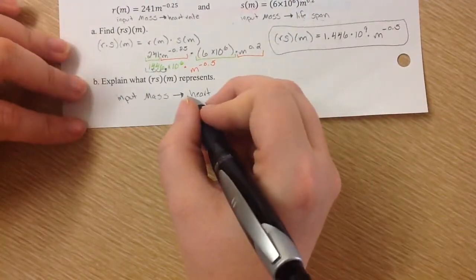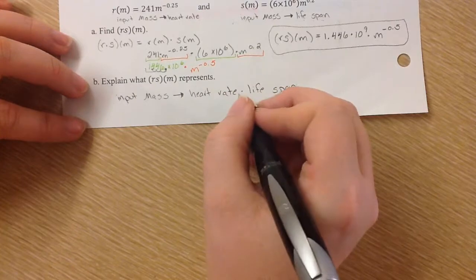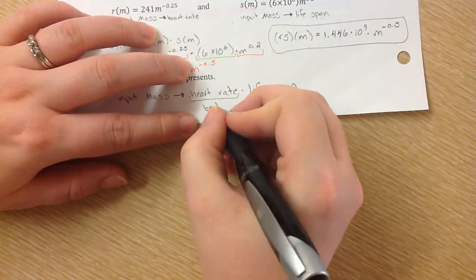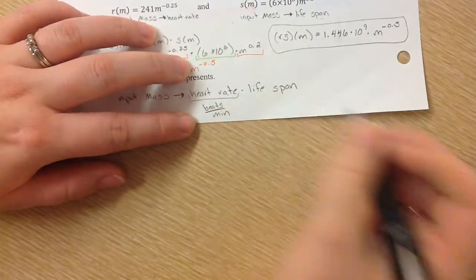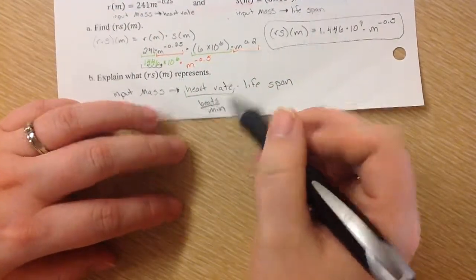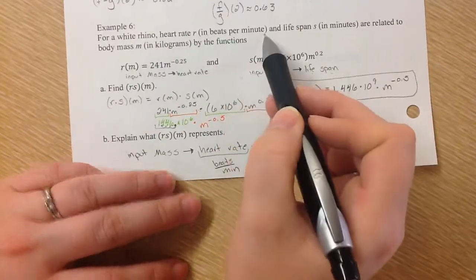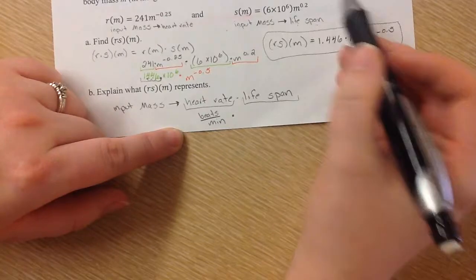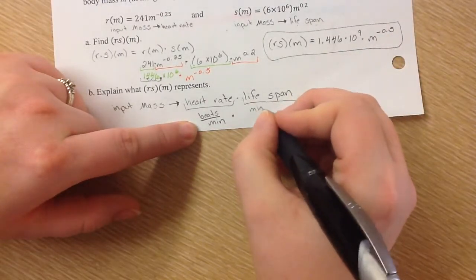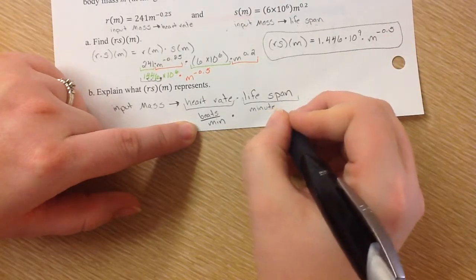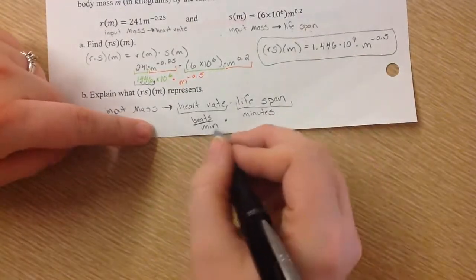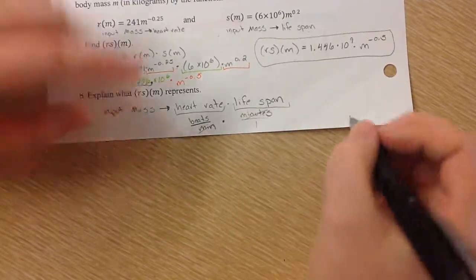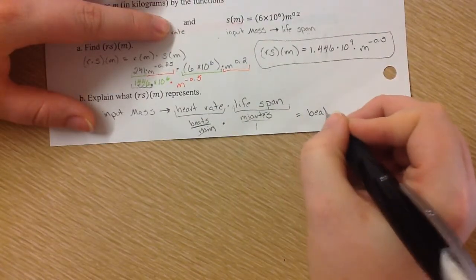If I take the heart rate, how many beats per minute, that is how many times the heart is beating per minute, times the lifespan, how long you are going to live in minutes, the number of minutes you're living. If you notice here, beats per minute times minutes, the minutes cancel, and we're just left with heartbeats.